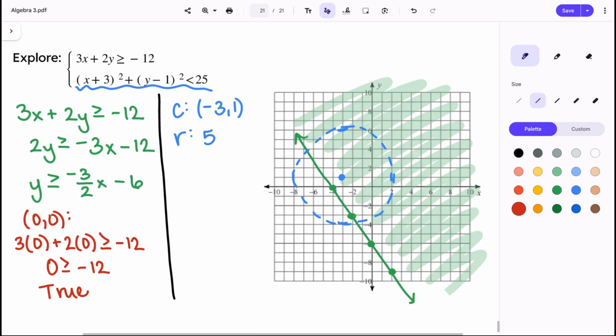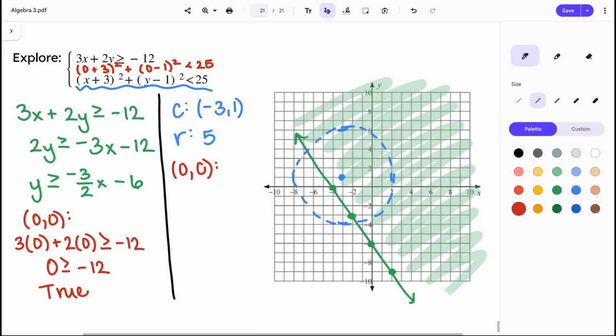And so I'm just going to use this to help me know, do I shade on the inside of my circle, like where 0, 0 would be, or do I need to shade on the outside? So if I put zeros in for my equation up above, so I'm just going to write that up here. It'd be 0 plus 3 squared plus 0 minus 1 squared less than 25. And then I'm going to do this mentally.